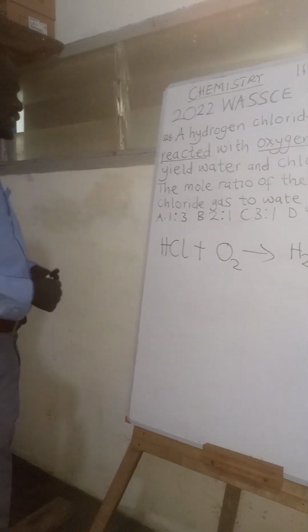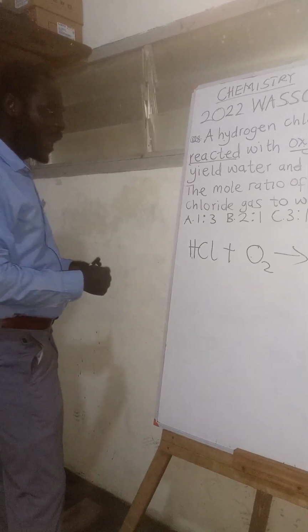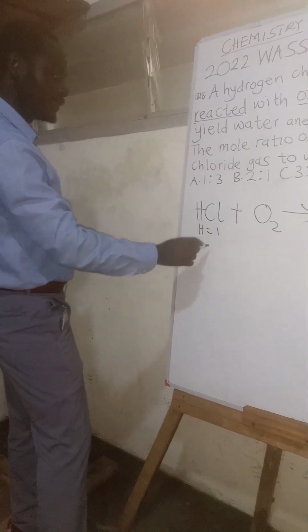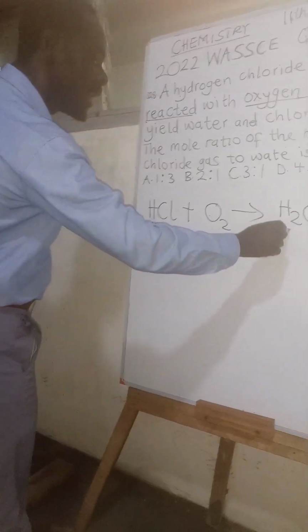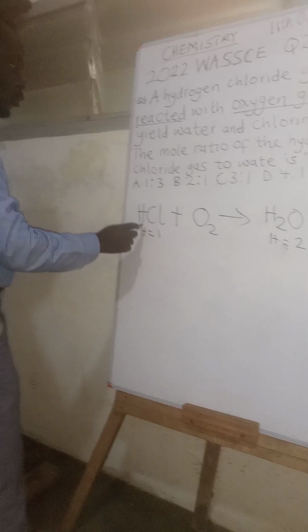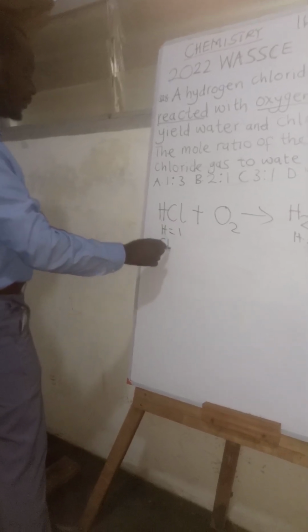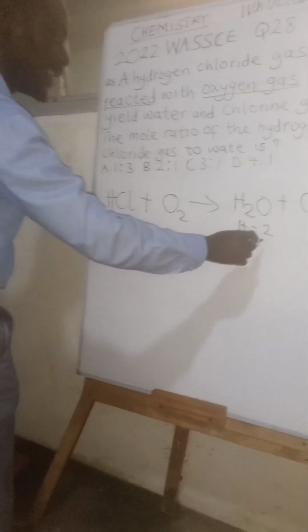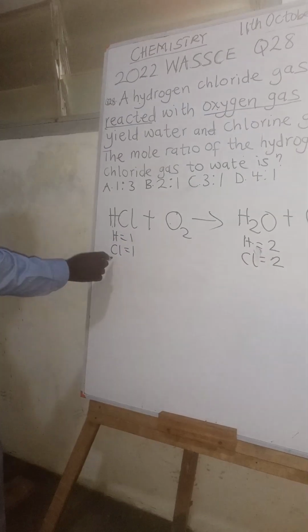So if you look at the equation, hydrogen on the reactant side is 1, and hydrogen at the product side is 2. Chlorine on the reactant side is 1, chlorine on the product side is 2.